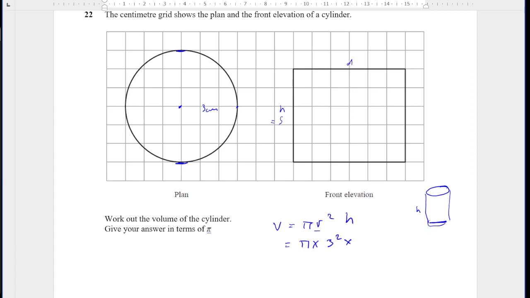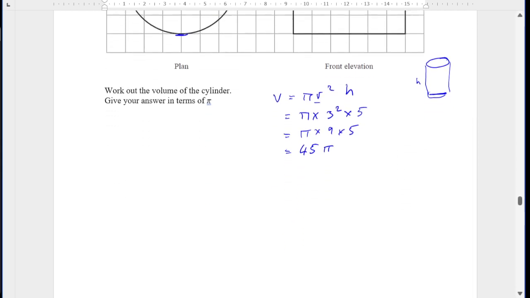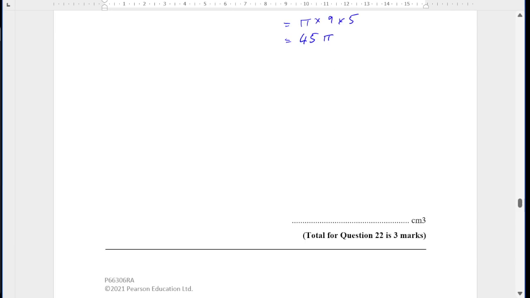So the height is equal to 5 centimetres. So times by 5. So that's going to become pi times by 9 times by 5. So 9 times 5 is 45. So 45 pi. That should be cubed.